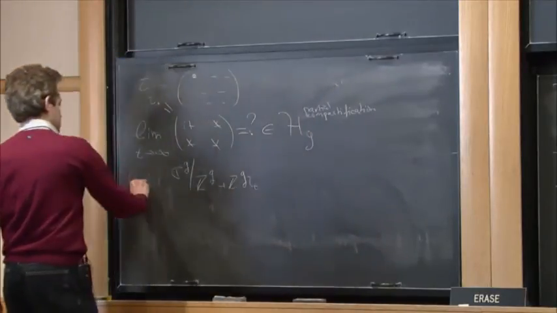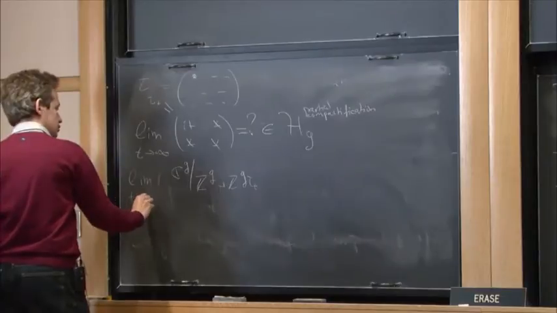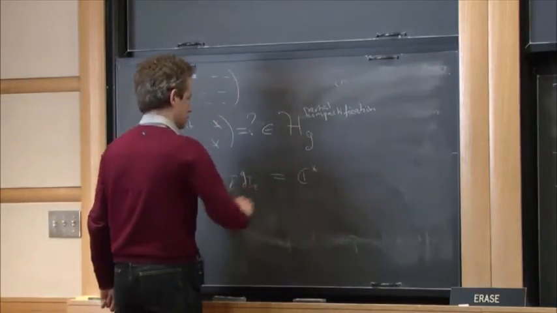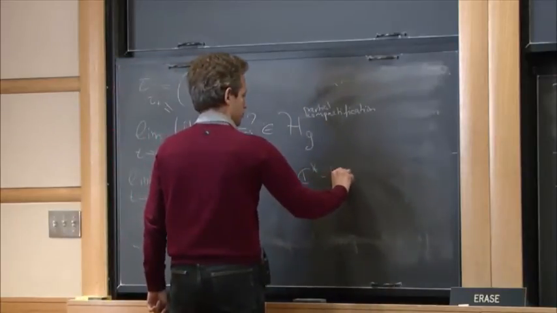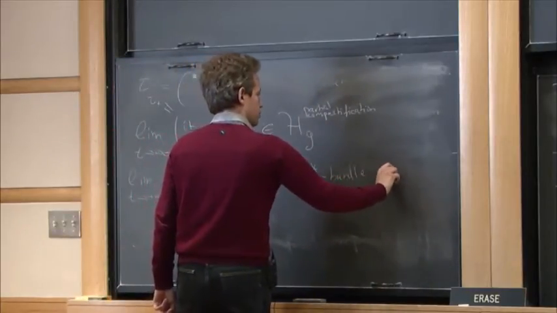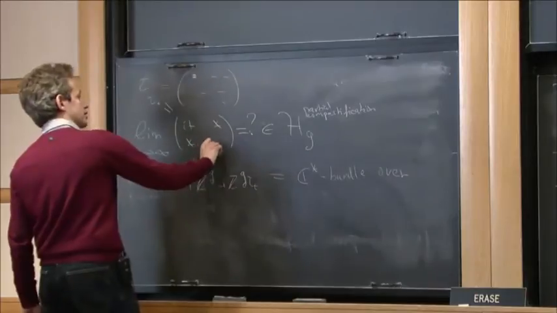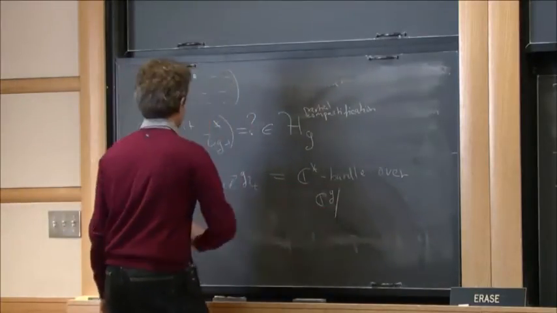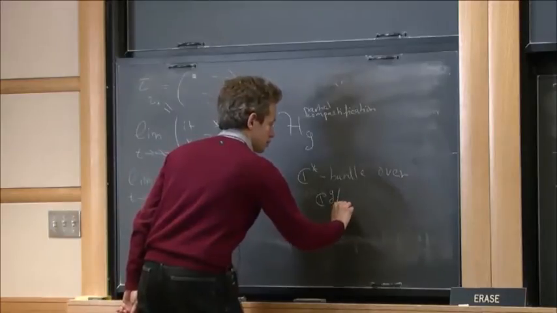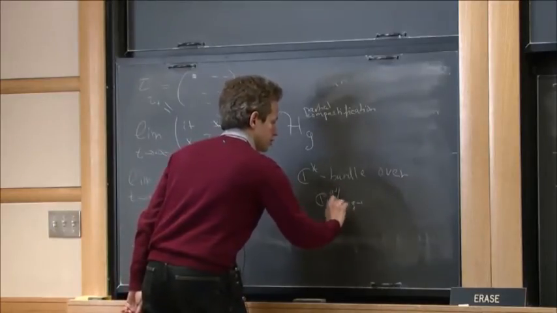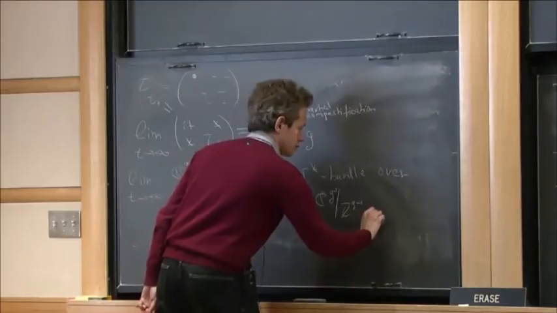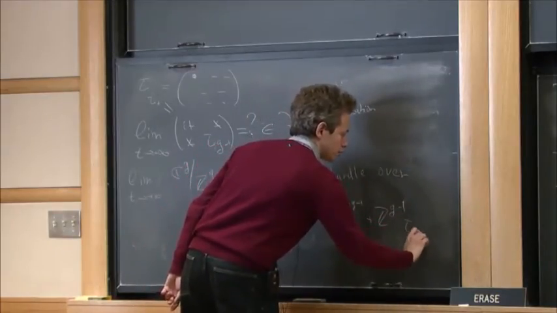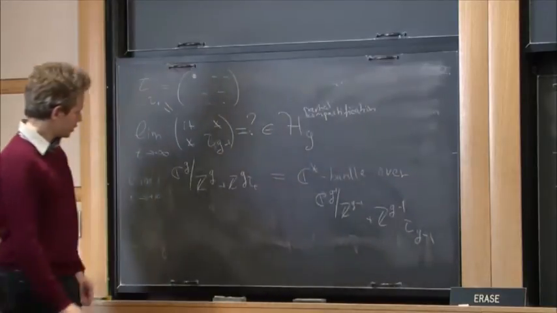So the limit of these things as t goes to plus infinity, you will see that this is really a C star bundle over, well, let's call this entry here tau_{g-1}. It will be a C star bundle over C^{g-1} quotient by Z^{g-1} plus Z^{g-1} tau_{g-1}. You can just see this.